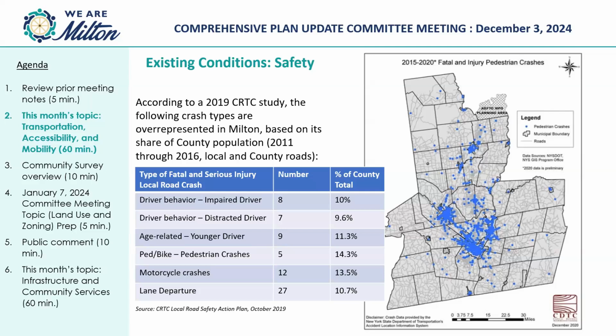Touching a little bit on a possible solution that seems to be coming up a lot: these crashes for pedestrians do often happen in low light conditions at night or with early dusk, so maybe looking at some lighting solutions for the corridor, especially since it's one corridor where the issue seems to be coming up.